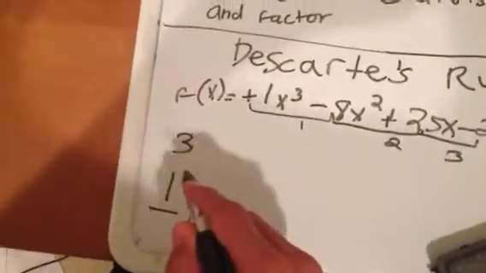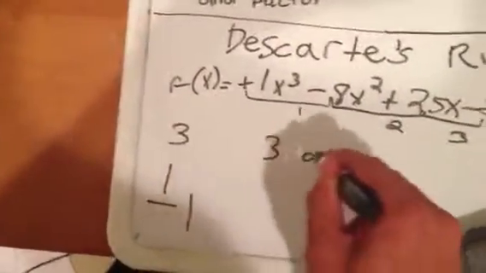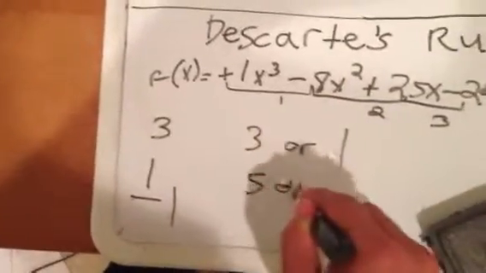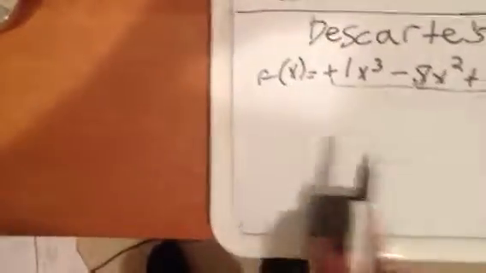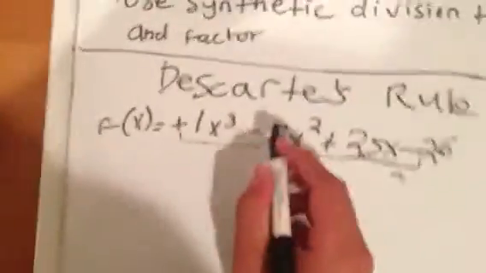How can you possibly have that? So I'm going to have combinations like 3 or 1, 5 or 3, 2 or 0, etc. And this also applies to finding the number of possible negative zeros as well.